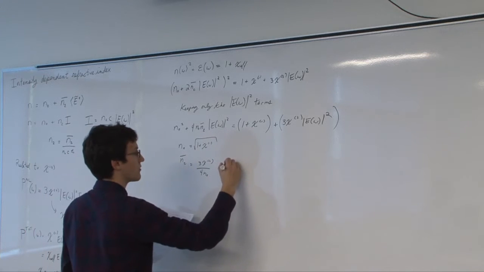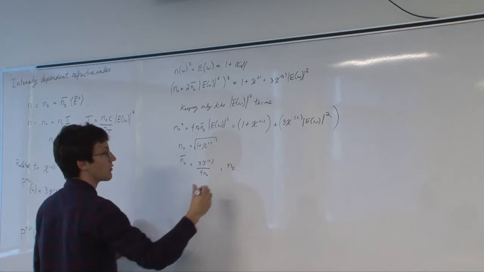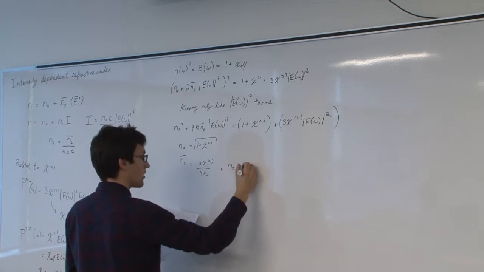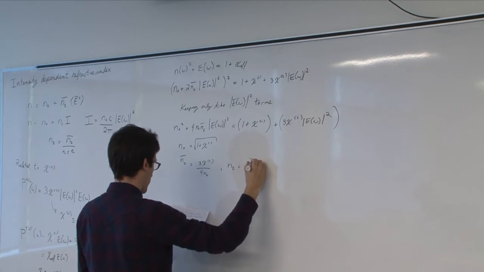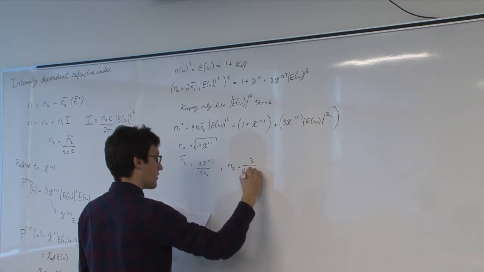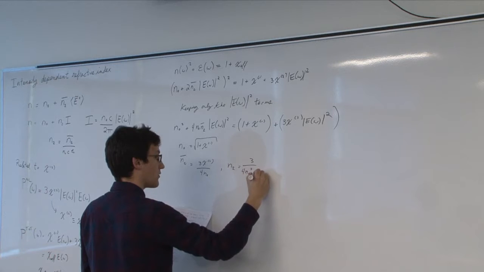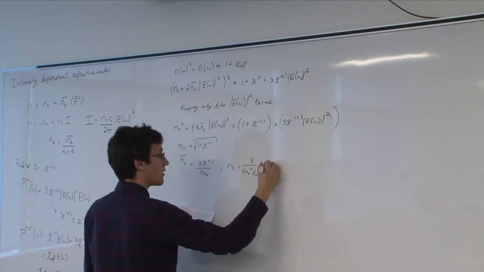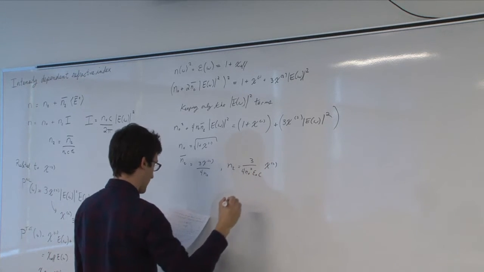Right, and again, using intensity instead, I can write that n2 is equal to 3 over 4 n0 squared epsilon 0 c, times chi3.